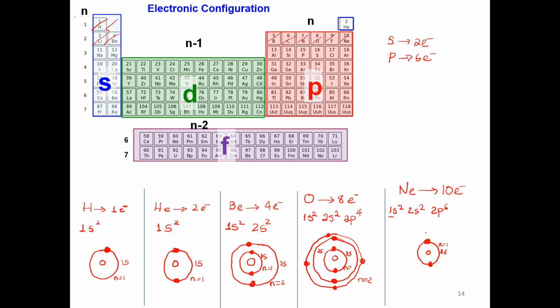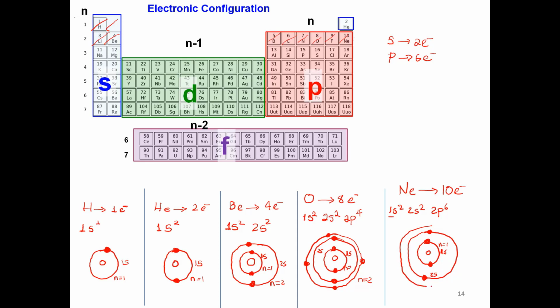Now we are going to represent the second orbital, which has those two suborbitals, S and P. And this corresponds to 2s, and this can hold up to 2 electrons.